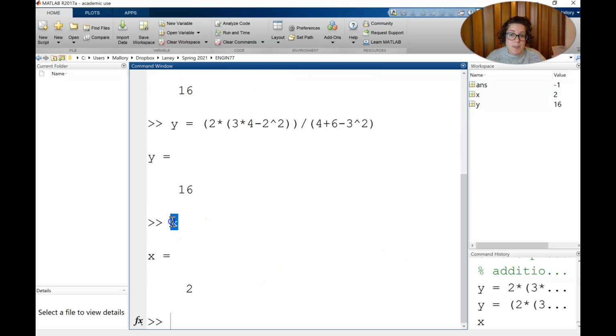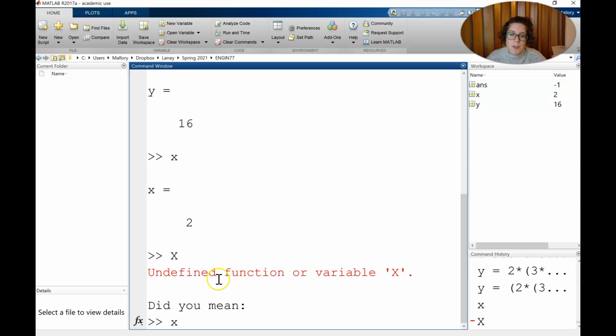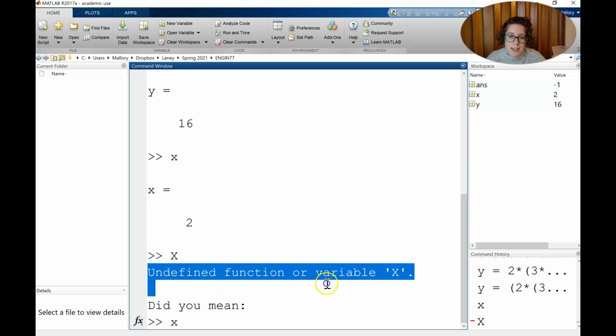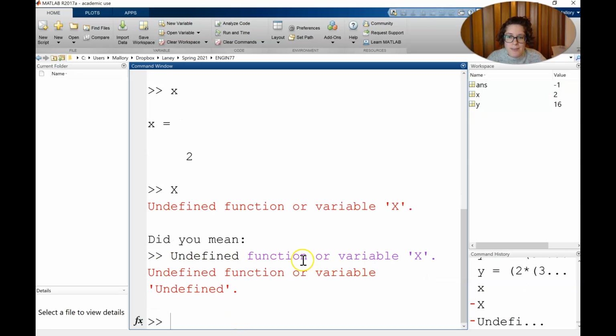If I just type the name of a variable, then it prints out whatever is stored in that variable. If I type in the name of a variable that's not there, so let's say on accident I type in capital X, I'm going to get an error that says undefined function or variable capital X. Did you mean lowercase x? Yes, I did. Enter.